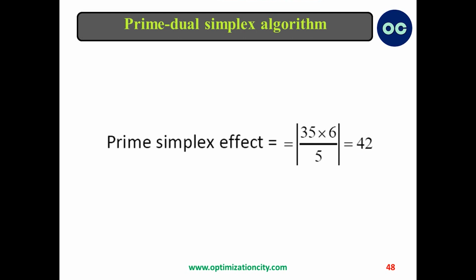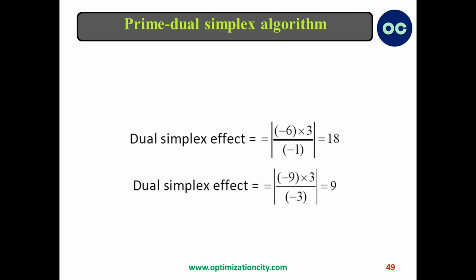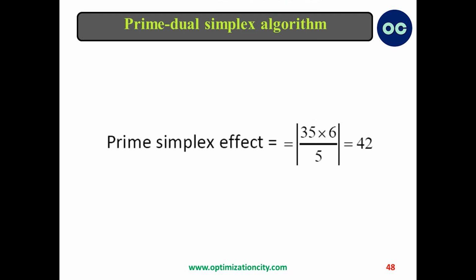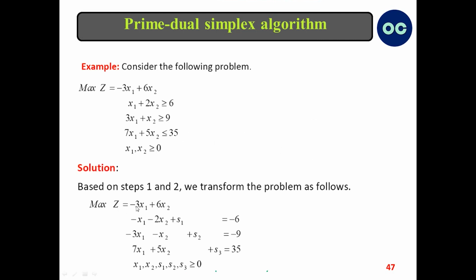We also calculate the dual simplex method effect, using the non-negative coefficient of x1 in row 0 here. This is the positive value. We are using this positive value for the dual simplex effect.